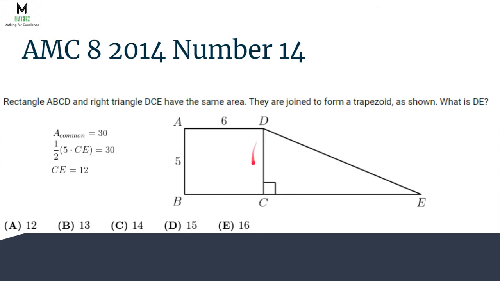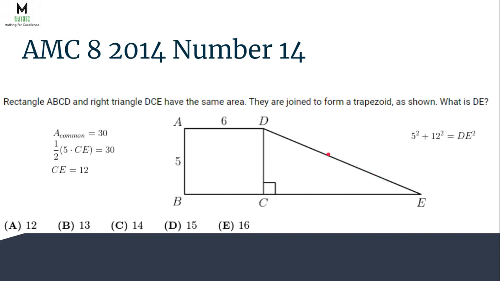So now we know what DC and CE are. And we know that it's also a right angle triangle because it says that in the problem. We can also see the right angle sign here. So that means this triangle follows the Pythagorean theorem, and we can use that to find the length of DE. The Pythagorean theorem states that DC squared, which we know has a length of 5, plus CE squared, which we know has a length of 12, will equal DE squared.